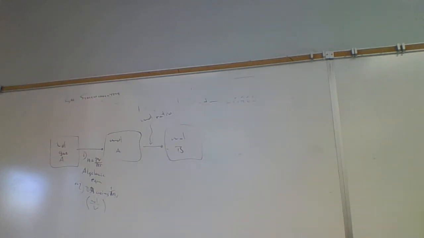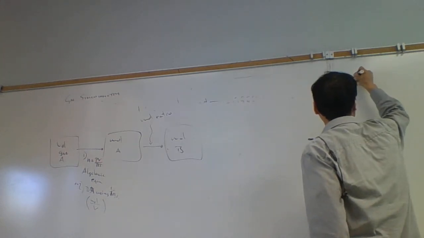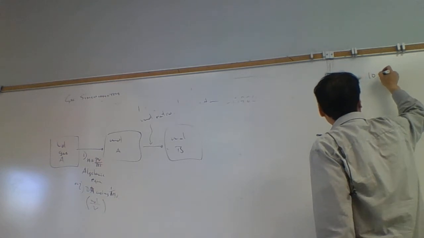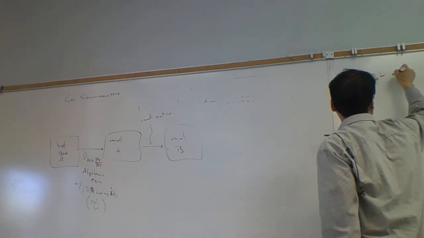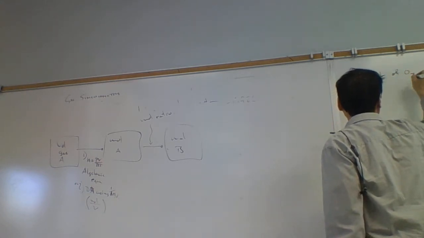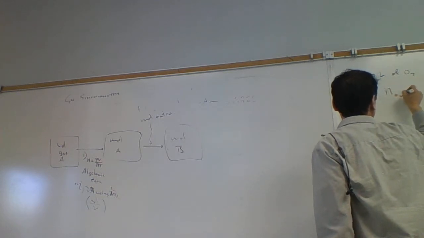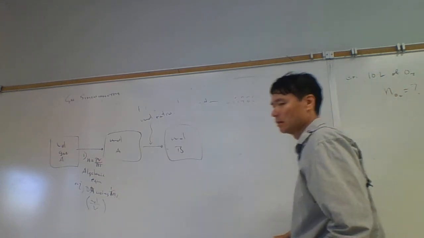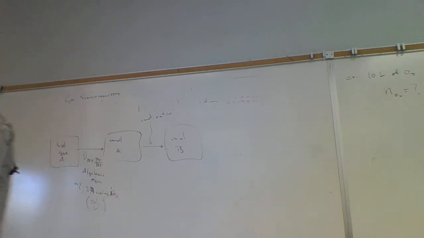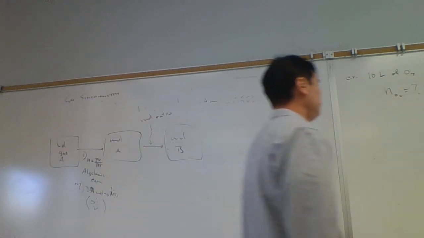So let's just do an example of that first part there. I have 10 liters of O2. How many moles of O2 is that? Well, I have two ways to figure it out.